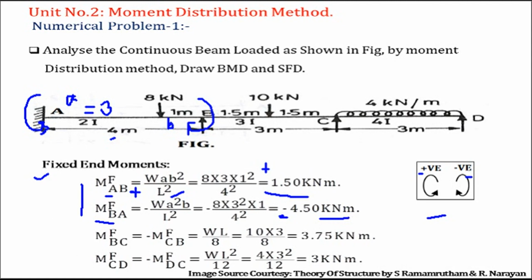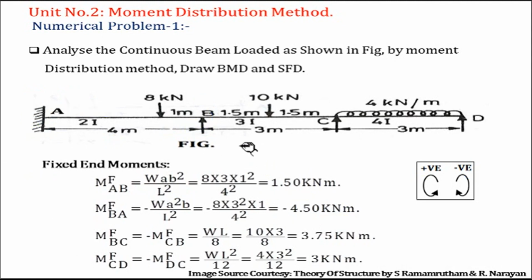Now span BC. Now find out fixed end moment. For point load at center, equation is WL by 8. So fixed end moment at B is anticlockwise and fixed end moment at C is clockwise.